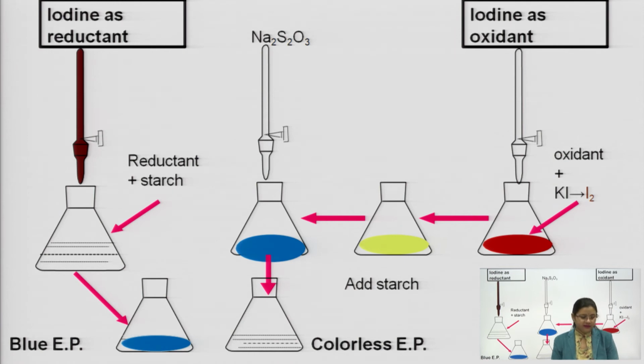You can see in this diagram that this is the standard thiosulfate solution which is filled in the burette. First, the iodine solution, kept as an oxidant, is reacted with the analyte which is in the reaction mixture.